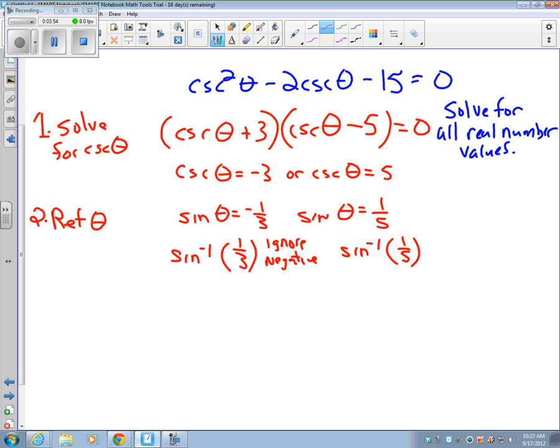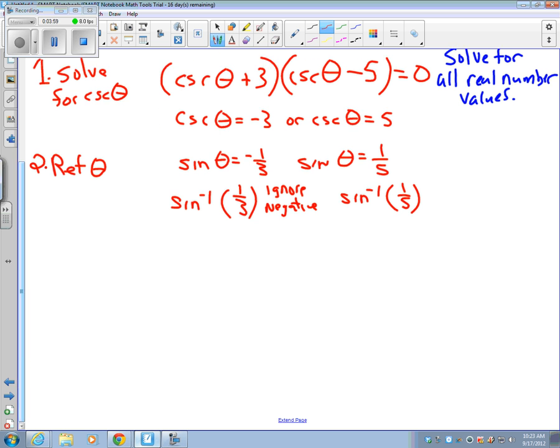So we do that. 1/3, I think, is 0.3398. And 1/5 is 0.20136.